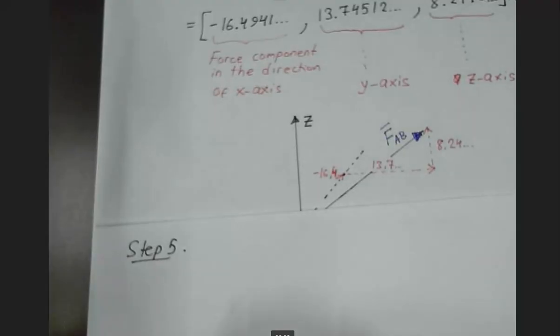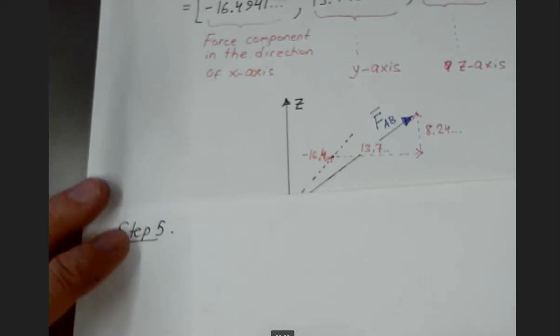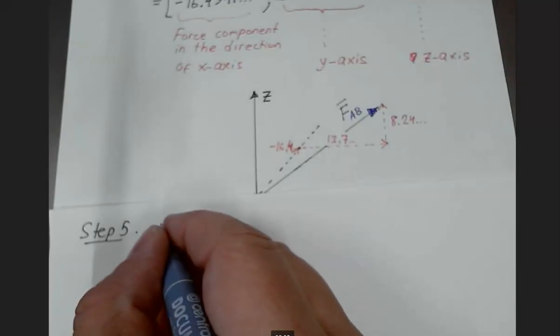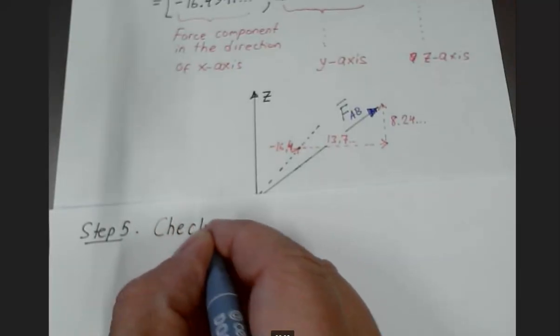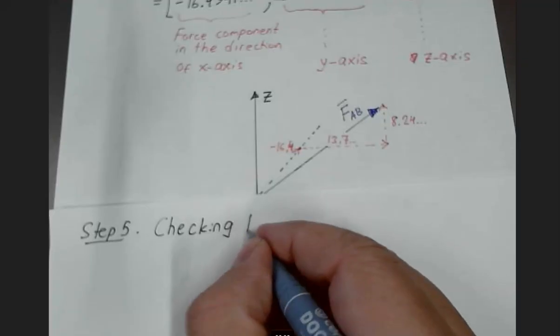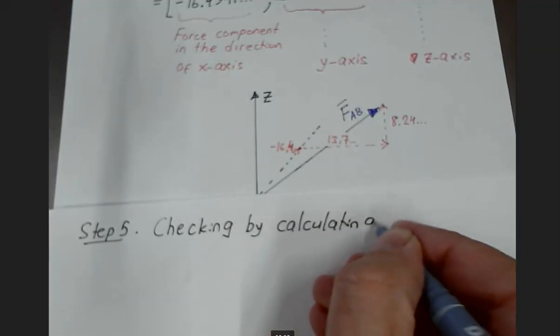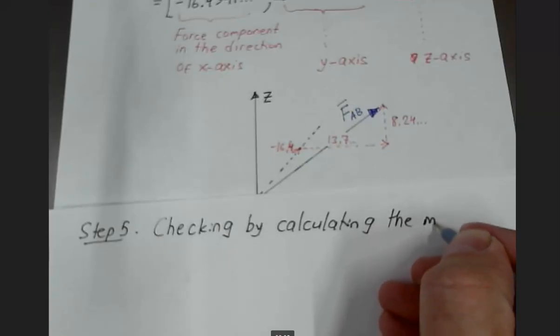But still, it is useful to do this checking, because if we have made a mistake, we probably can see that. I will call it checking by calculating the magnitude of this vector.